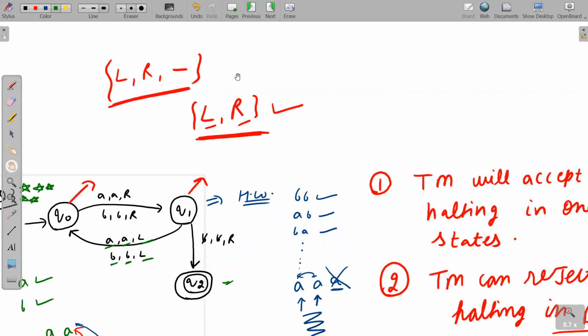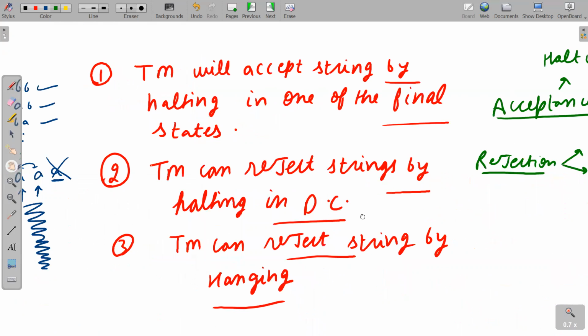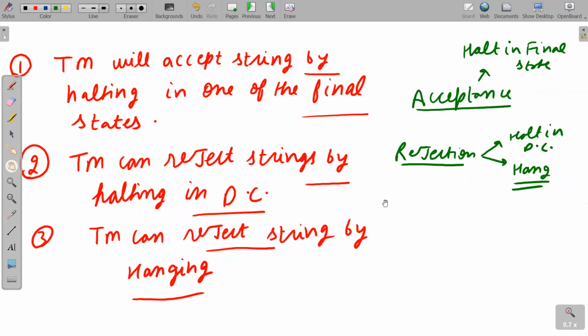This is a variation, but the standard Turing machine should move either left or right in a non-final state. In a final state, we are not giving any move, so directly or indirectly we are saying that the Turing machine is halting. I hope I have made the point clear. Please note these points very carefully, and I'm jumping to the next slide.